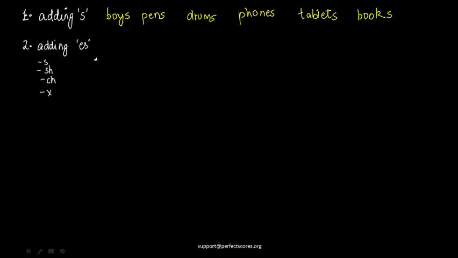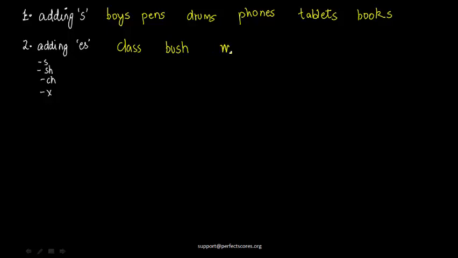The second way is you add these two letters E and S at the end of the singular noun. But how do you know when to do that? If the original word ends with either of these four combinations, if it ends with S or SH or CH or X. Let's take a few examples here. Let's take the example of class that ends with S. Let's take the example of bush that ends with SH.